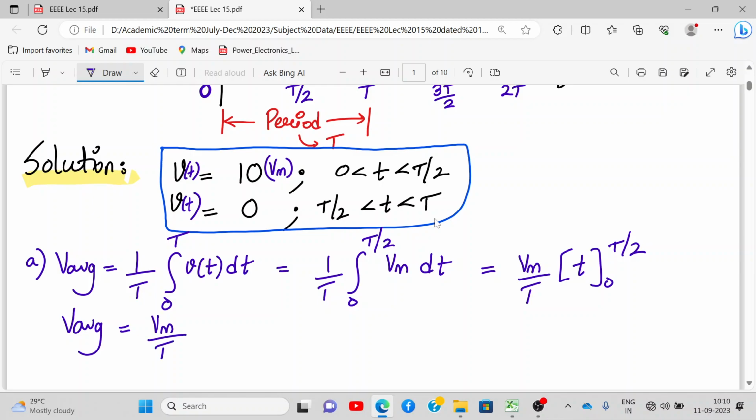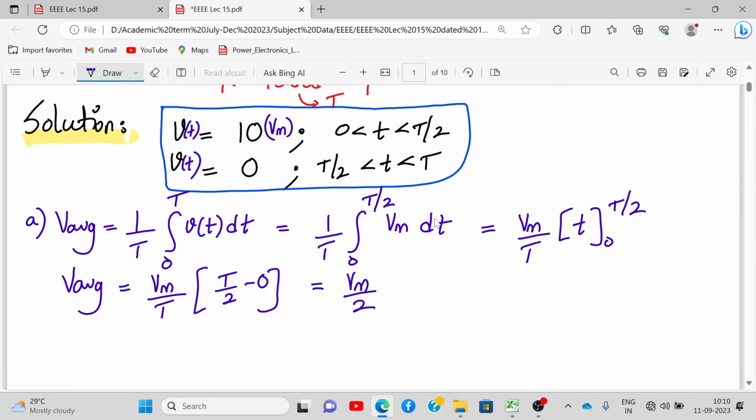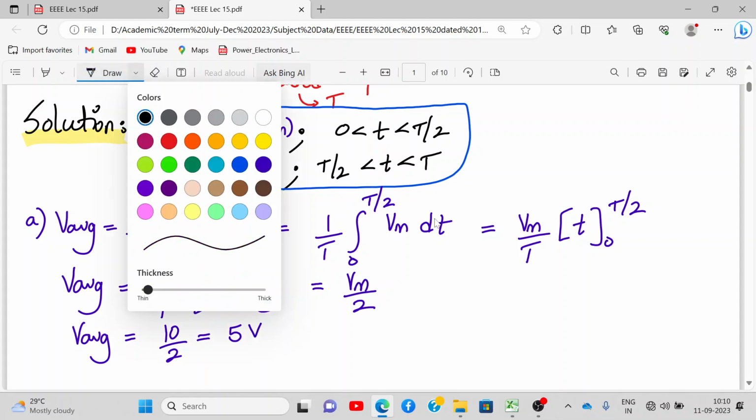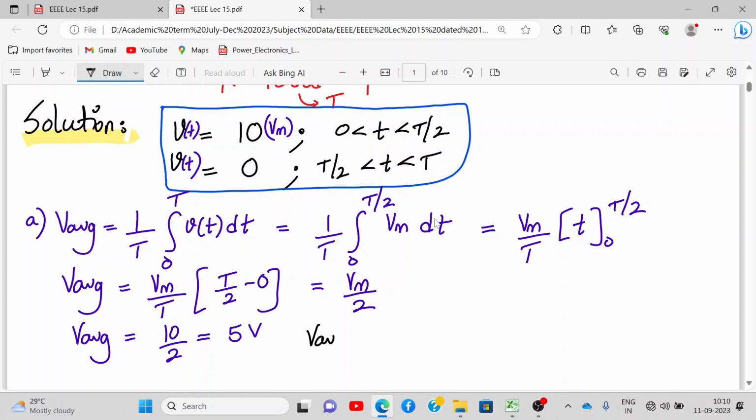Vm by T, this will be T by 2 minus 0. So how much will it be? Vm by 2. And how much is the value of Vm given to us? Vm given is 10. So 10 by 2, the average value of the waveform is 5 volt. So please write down: V average of the above waveform is 5 volt.